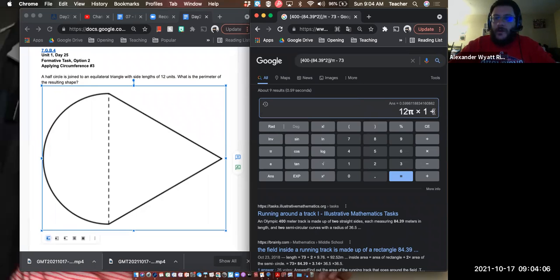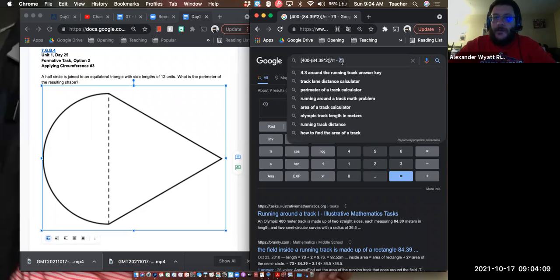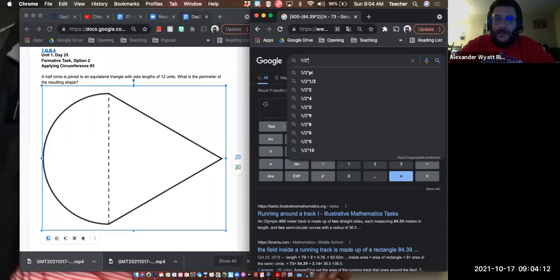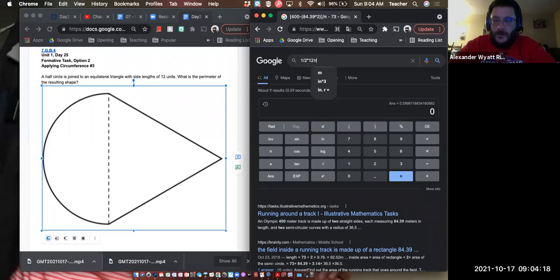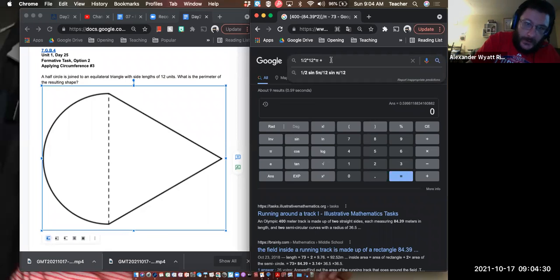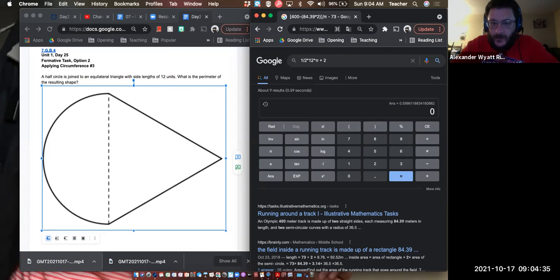So I got 1/2 times 12 pi, plus these two side lengths of 12. So that would be 2 times 12. So 1/2 of 12 is 6 pi plus 24. So 24 plus 6 pi, all right?